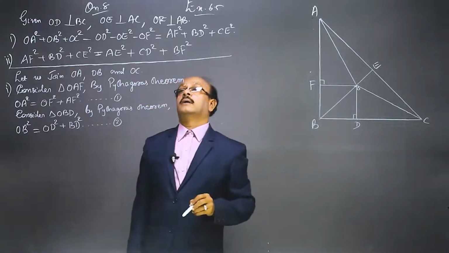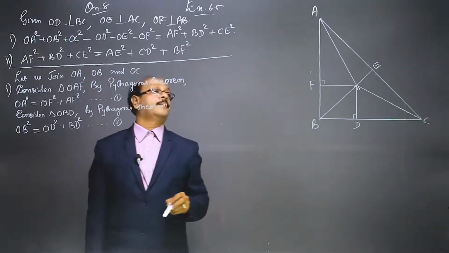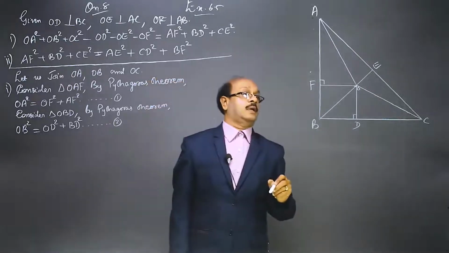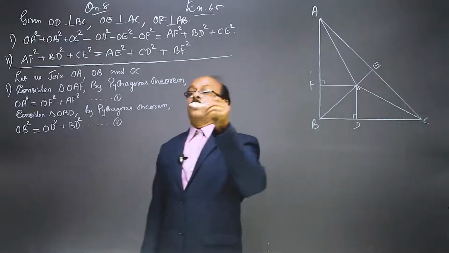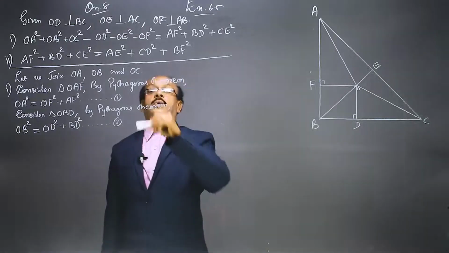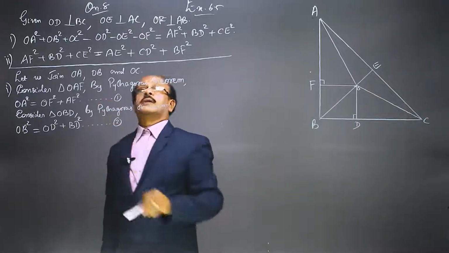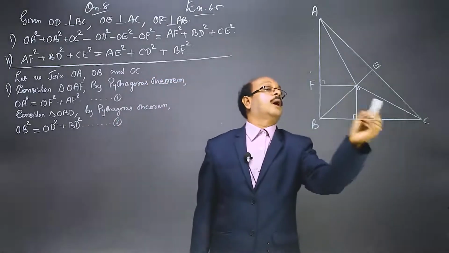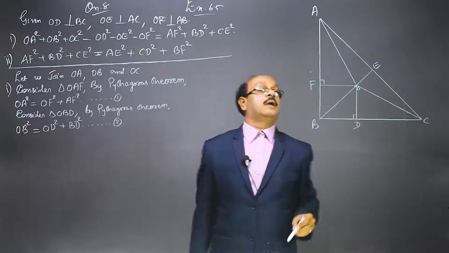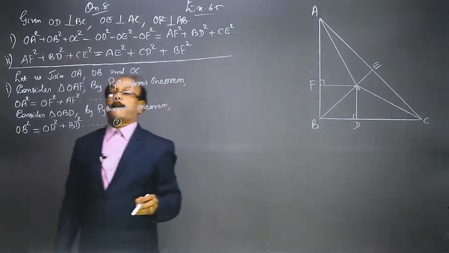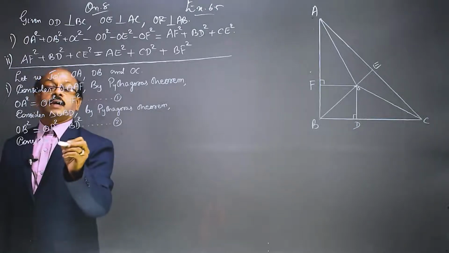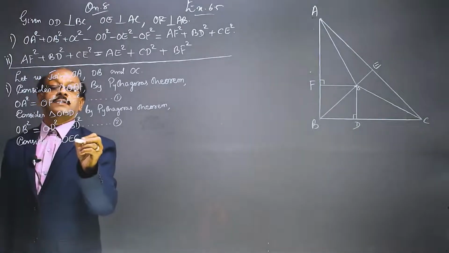In the third, we are taking the triangle. We have OD and OF already. Now we have OE and CE, so we have to take triangle OEC. Consider triangle OEC.